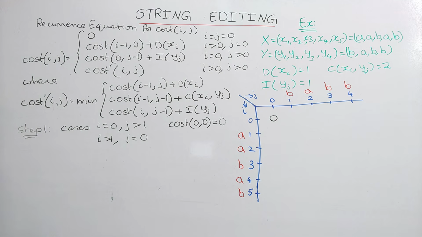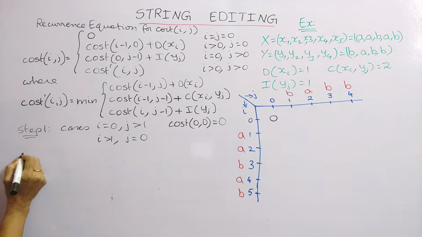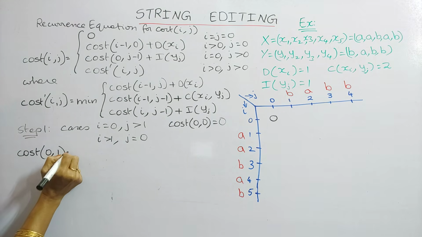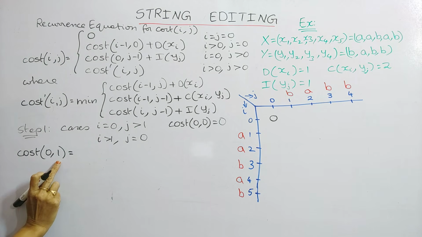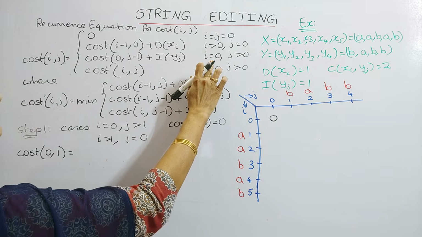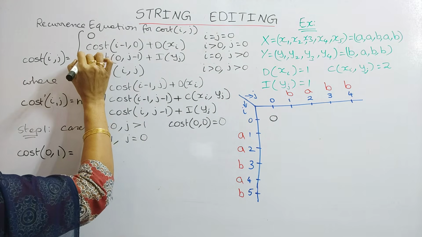Then you have to compute all the cases of I equal to 0 and J greater than or equal to 1. First you start with cost of 0, 1. Here I is 0 and J is greater than 0, so that's why you have to use this particular formula.